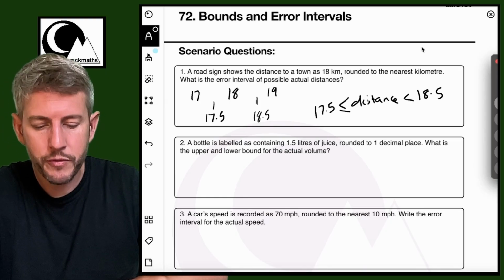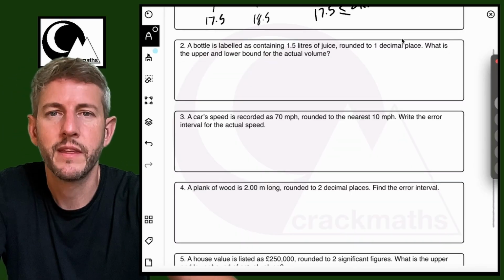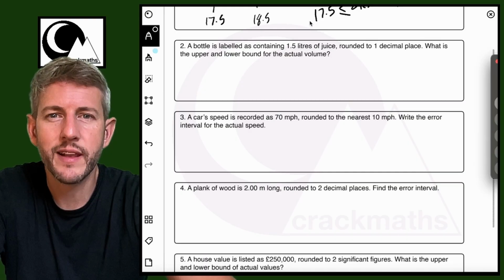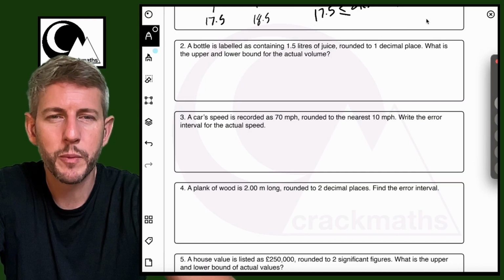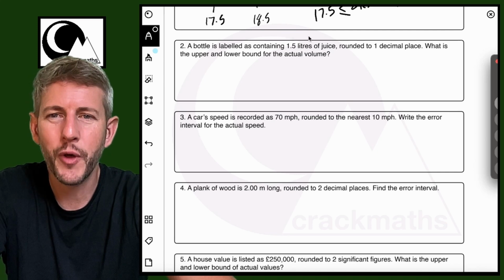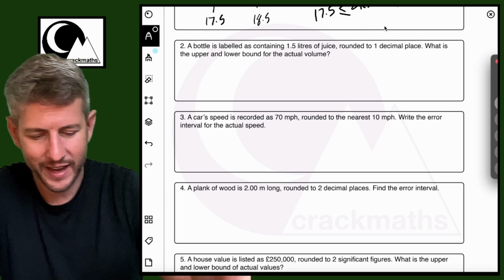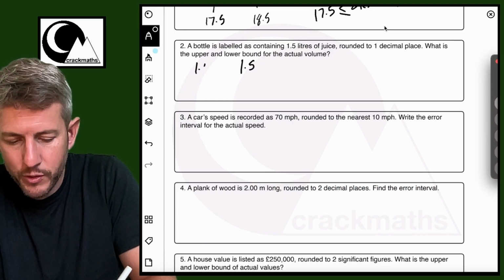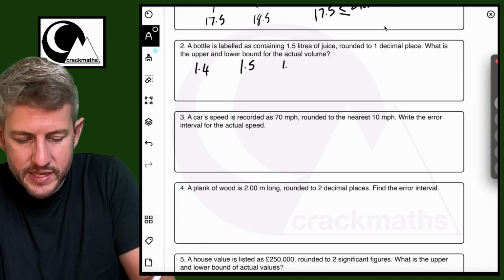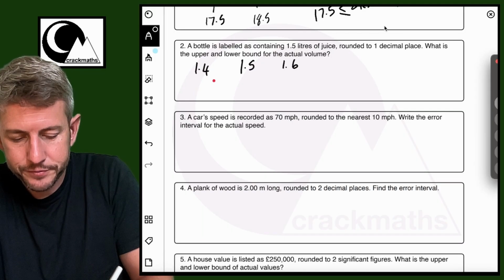Okay, next one, we've got question 2. It says here, a bottle is labelled as containing 1.5 litres of juice, rounded to one decimal place. What is the upper and lower bound for the actual volume? So if it's 1.5 to one decimal place, it would have gone to 1.4 or 1.6 in a different life.